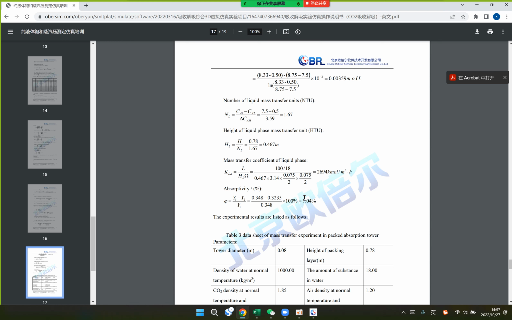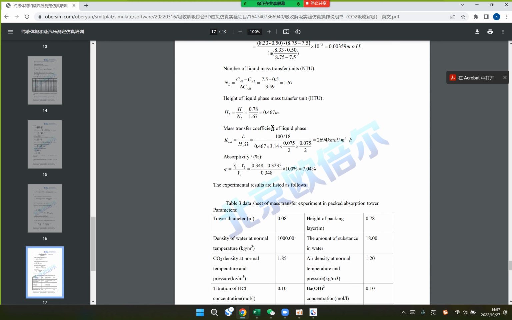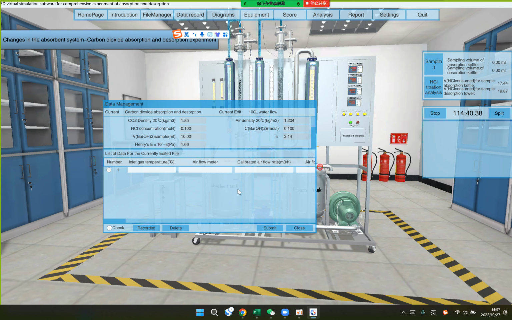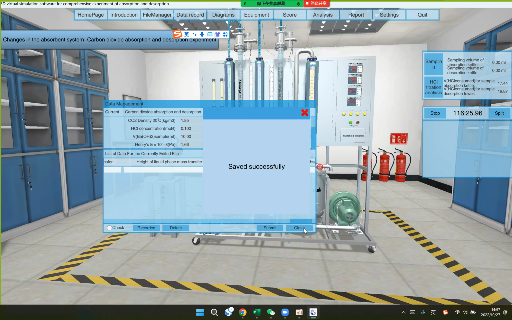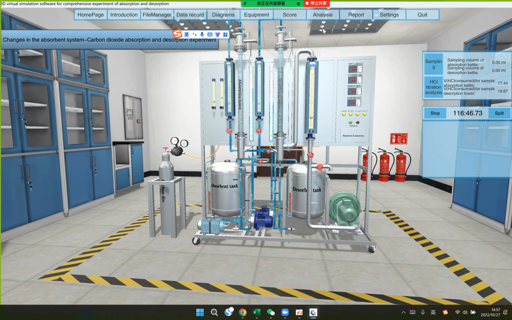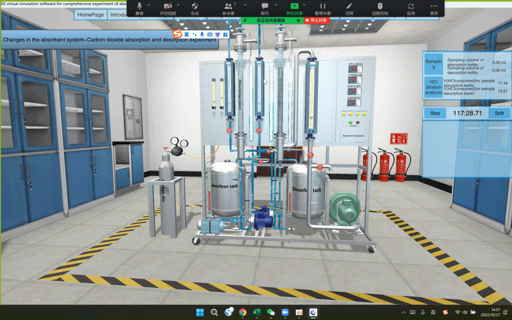After you do the calculation, you may fill all the blanks in this table. After that, you submit it and generate the report.